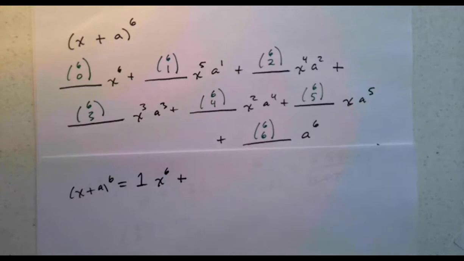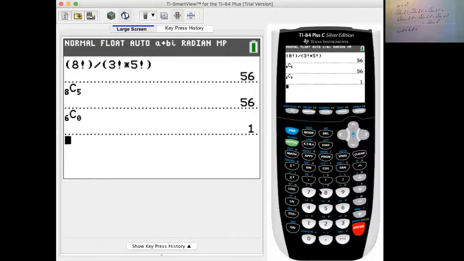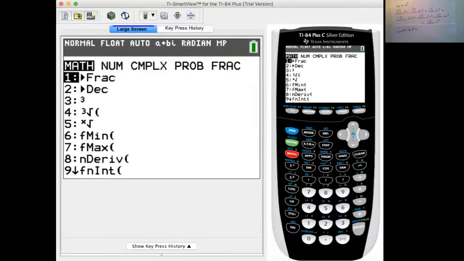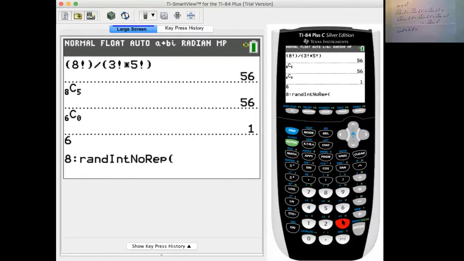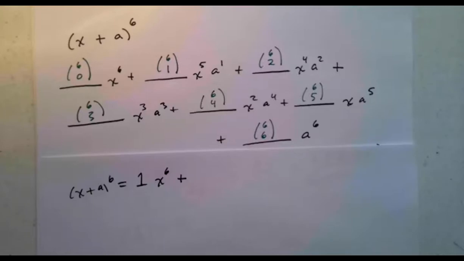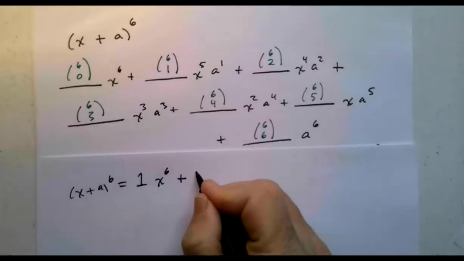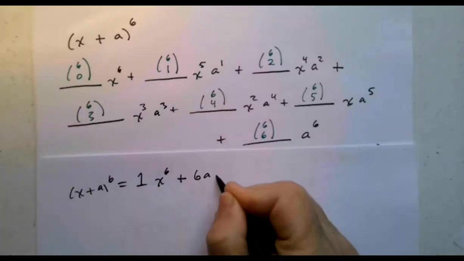Let me show you that again on the graphing calculator. We know what it'll be from Pascal's triangle. 6 math choose, which is number 3. 6 choose 1 gives us 6, of course. So then our next one would be 6x to the fifth a, which I would like to write as 6a x to the fifth.